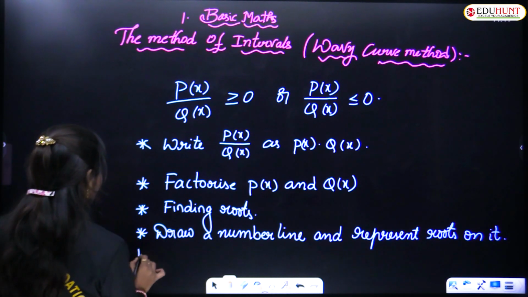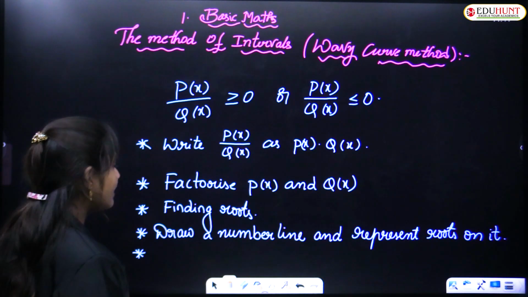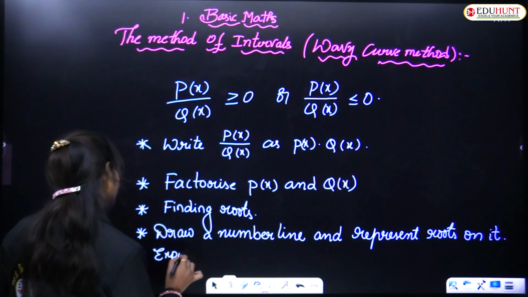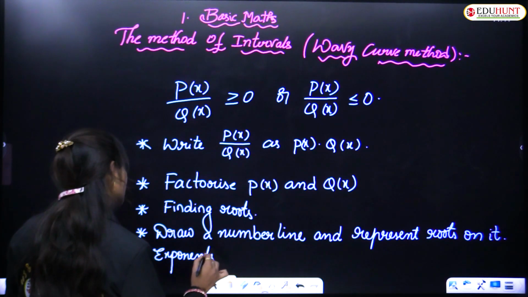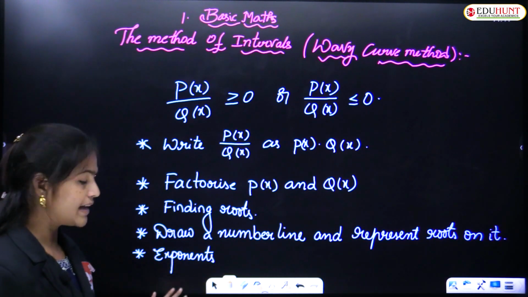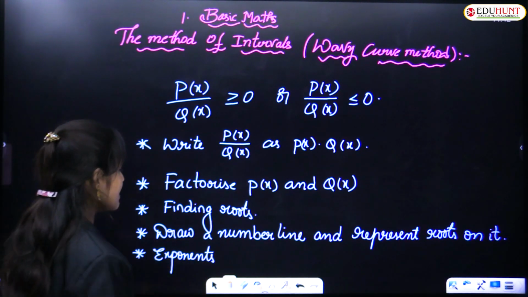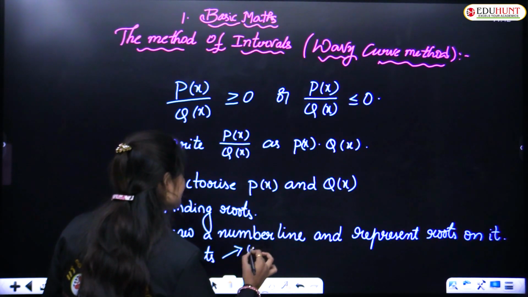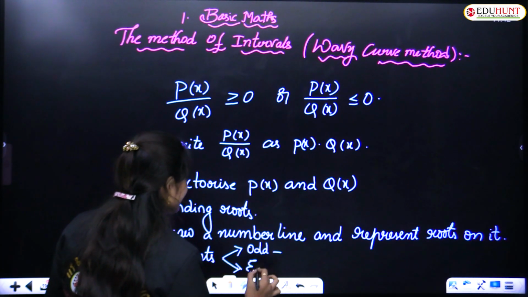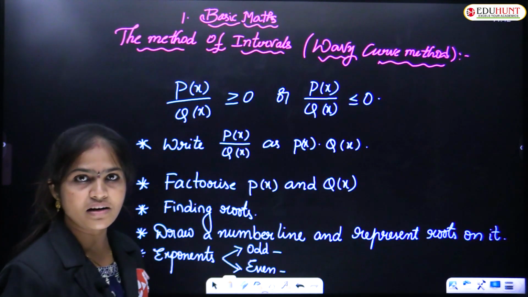So after that we have to check the powers, the exponents of the given expressions. After that we have to check the exponents. Okay, I will explain that stepwise. So next we have to check the exponents. So here the exponent is odd and the exponent is even. So here we can observe even exponents and odd exponents, no?